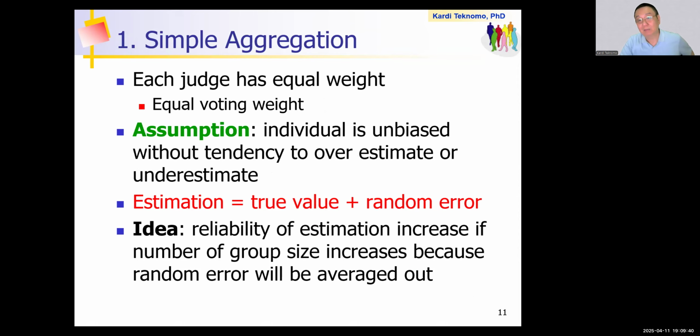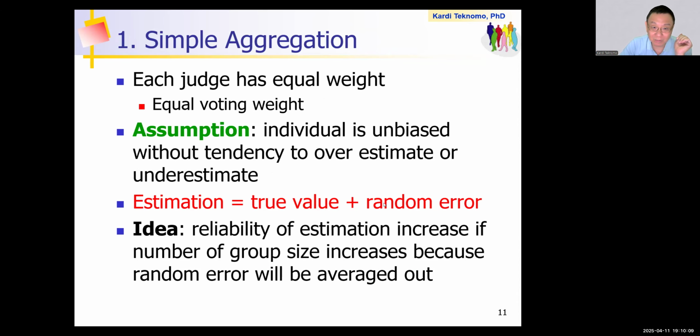In simple aggregation, the judges, everyone, have equal weight, and then you have equal voting weight. That means you assume individuals are unbiased in estimating, so there is no overestimate or underestimate.